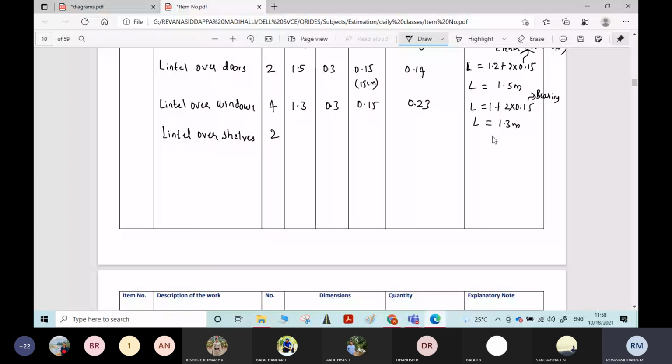L is equal to 1 plus 2 into 0.15, which is 1.3 meter. What about the thickness? Not 0.2, 0.3 only, because we will provide the lintel beam for the full width of the wall.